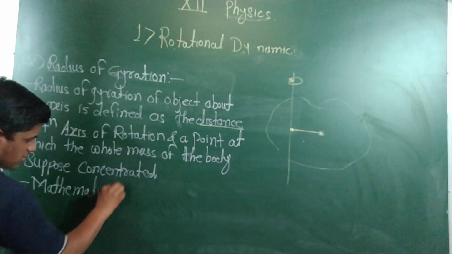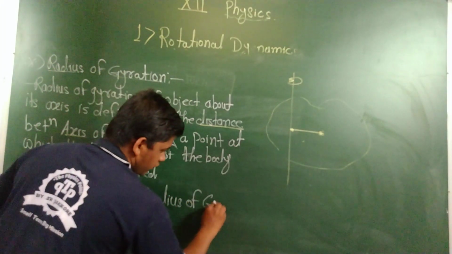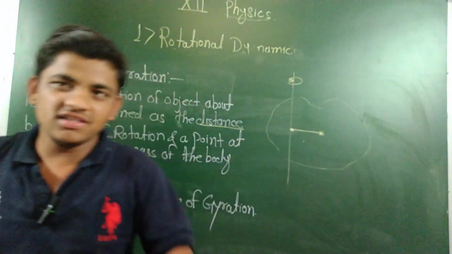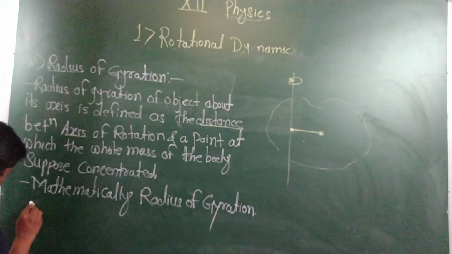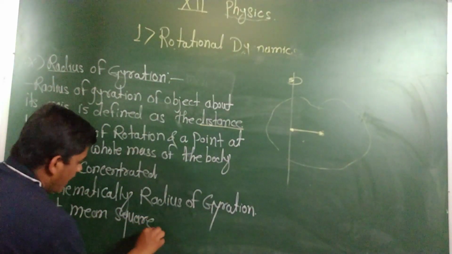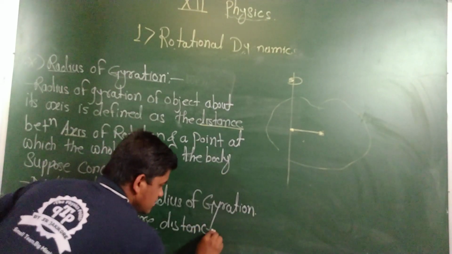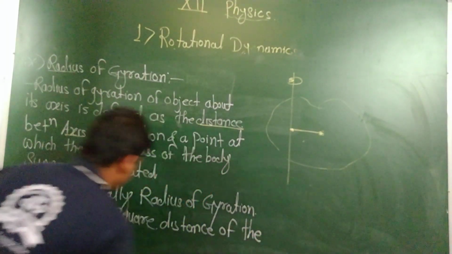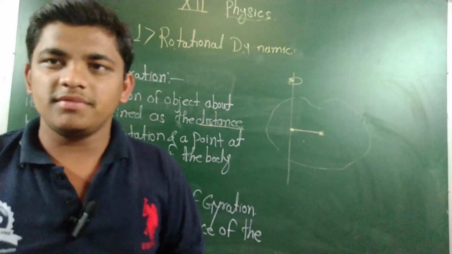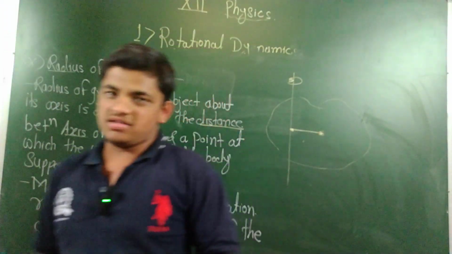Mathematically, the radius of gyration is the root mean square (RMS) of the distance of the object's parts, either from the axis of rotation or from the center of mass.